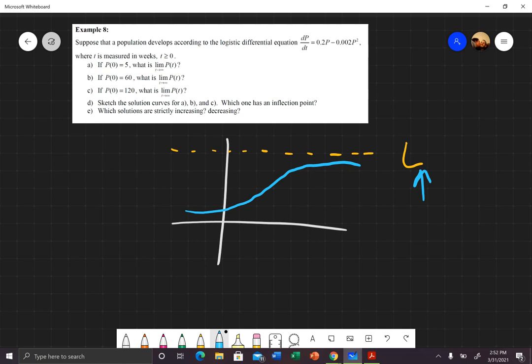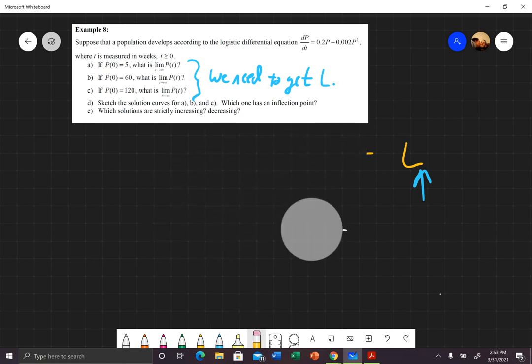What we need to do, at least for the first part of all three of these, is get L. That's what we're looking for. We're looking for that limit.